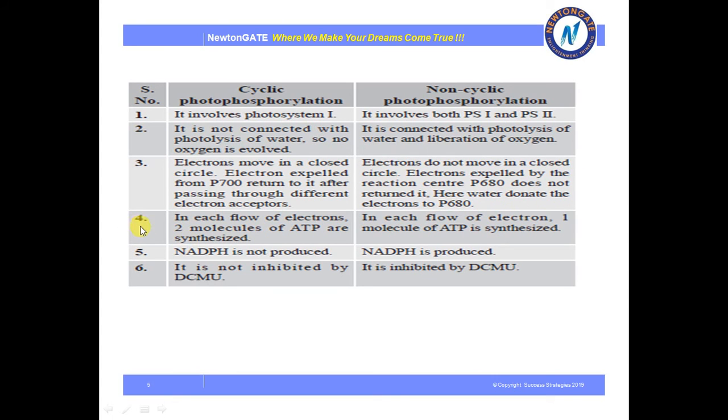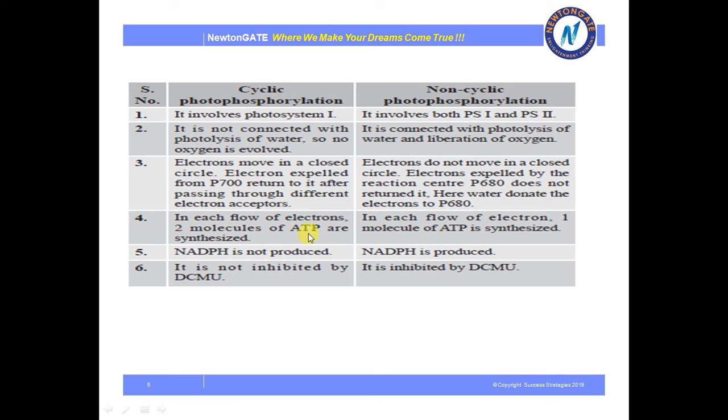Okay. In the fourth point, in each flow of electrons, two molecules of ATP, very important students and NEET aspirants, two molecules of ATP are synthesized in cyclic photophosphorylation. But in non-cyclic photophosphorylation, only one molecule of ATP is synthesized.